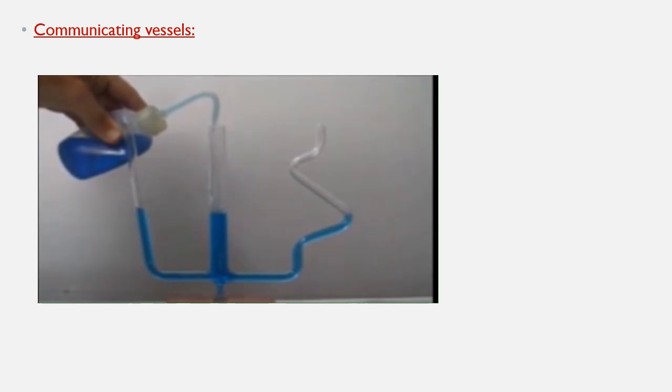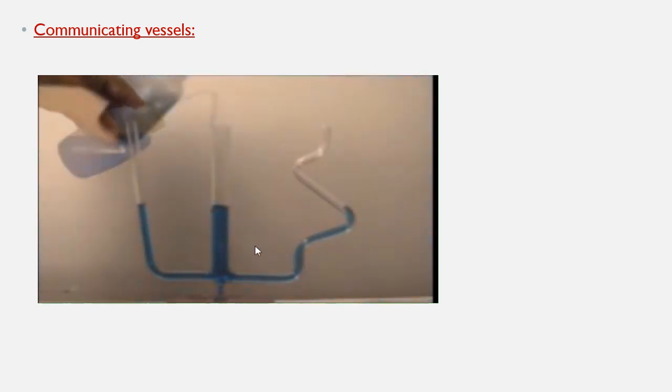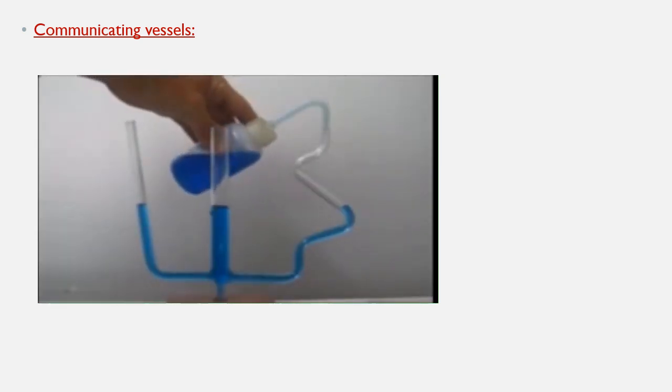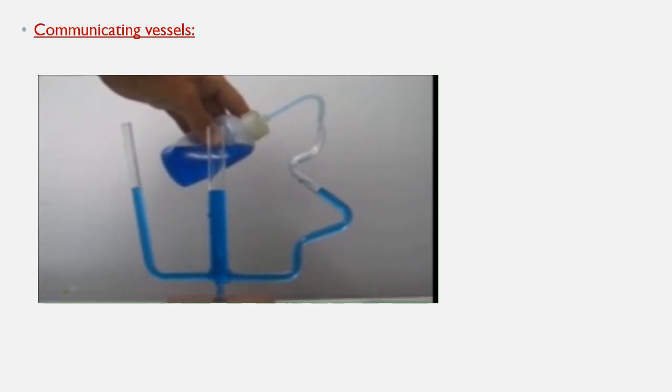As you see with me, all the vessels will be filled with water and at the same level. Now let us try to fill the last vessel with water. Also, all the vessels were filled with water at the same level.